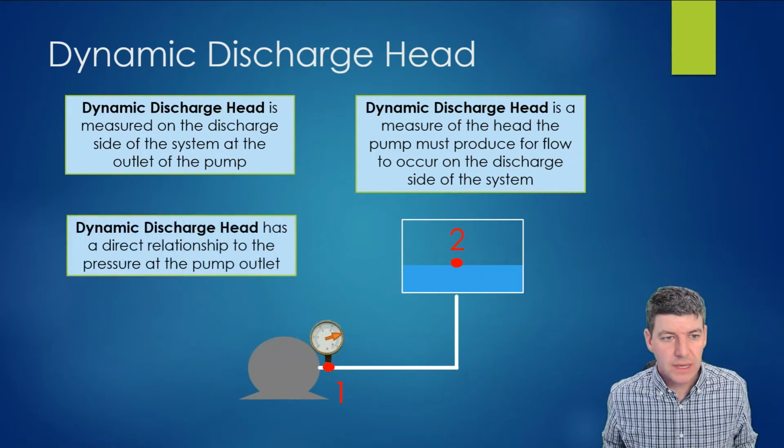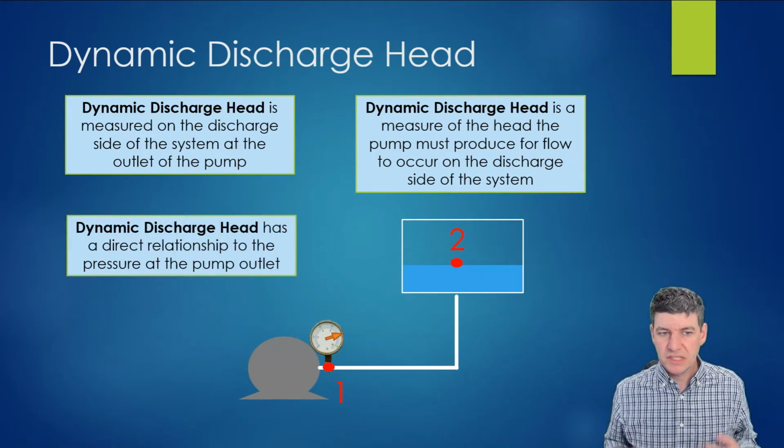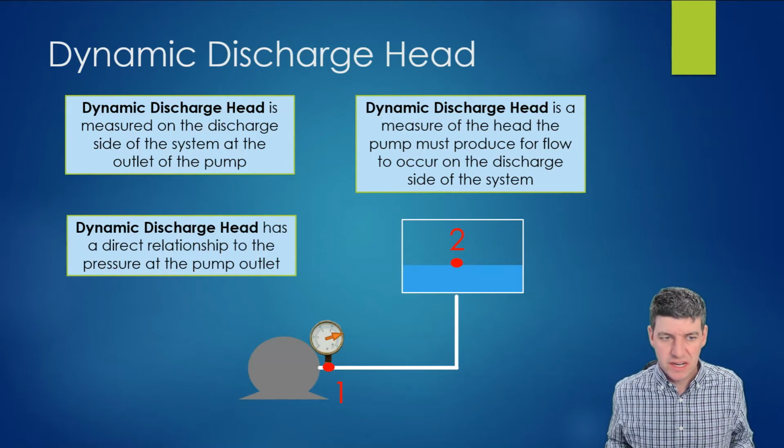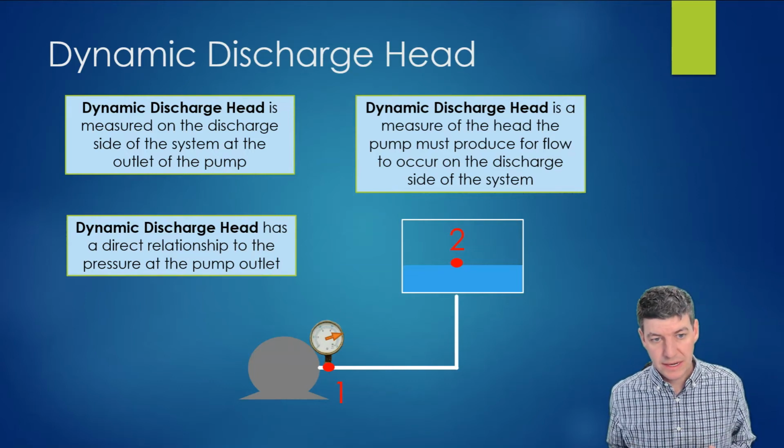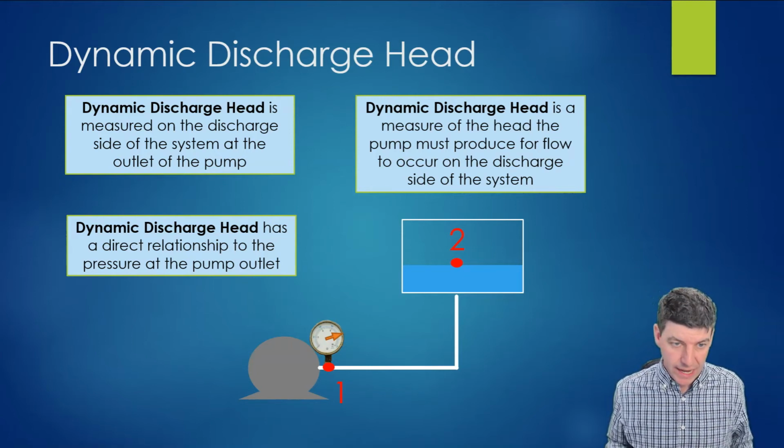And just like we had with our dynamic suction head, dynamic discharge head has a direct relationship to the pressure at the outlet of the pump. So the higher the pressure at the outlet of the pump, the higher the dynamic discharge head.